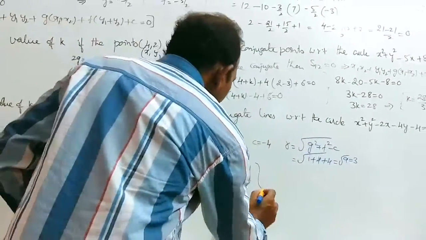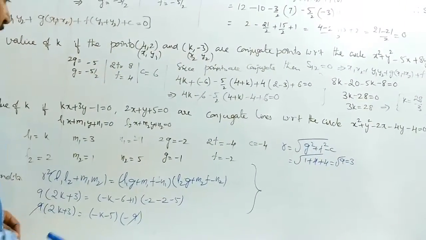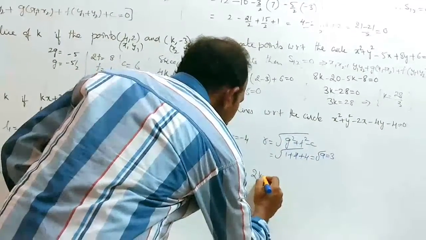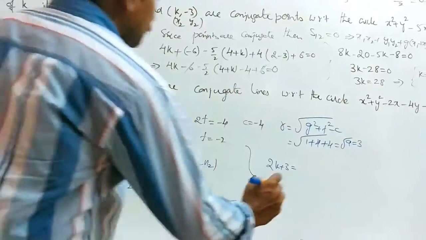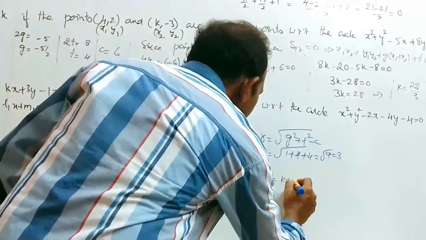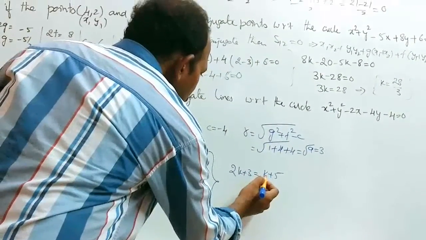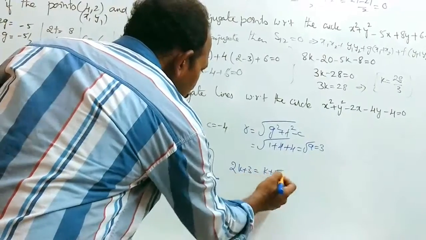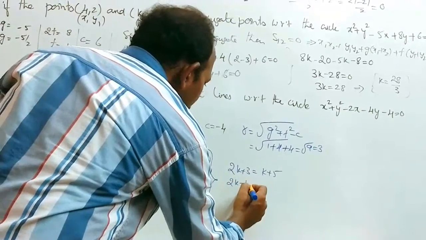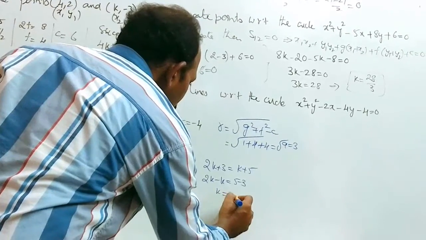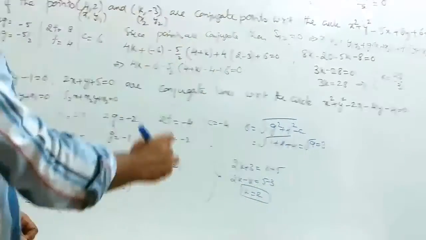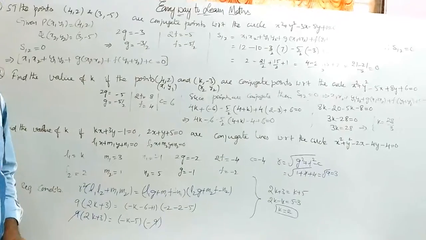Therefore 2k plus 3 is equal to k plus 5. Then shifting this one to LHS and this one to RHS, 2k minus k is equal to 5 minus 3, therefore k is equal to 2, which is the required value.